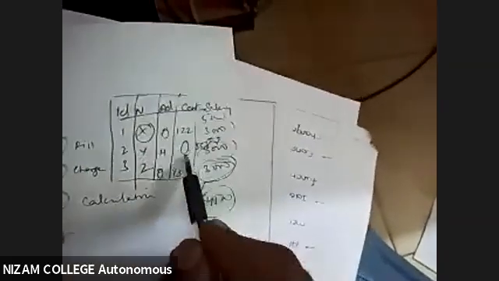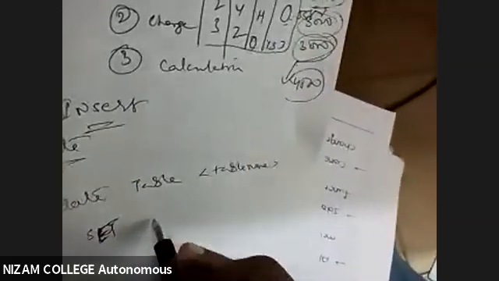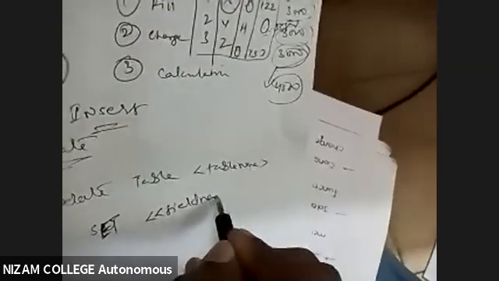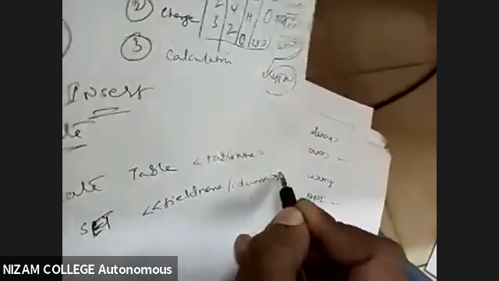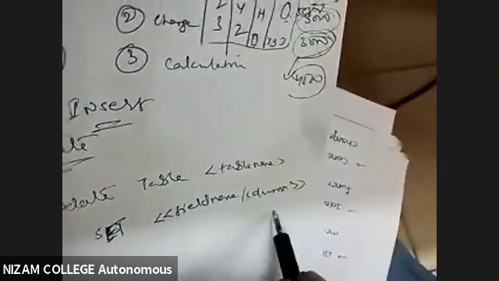I'm using set because I want to set this, I want to fix this, I want to set this. So I have to use something called set, followed by the column name, that is your field name. We call it a field name or a column name, whichever you find flexible to remember and write.